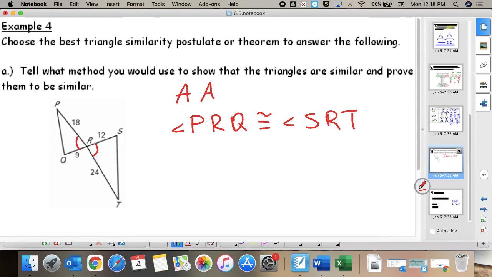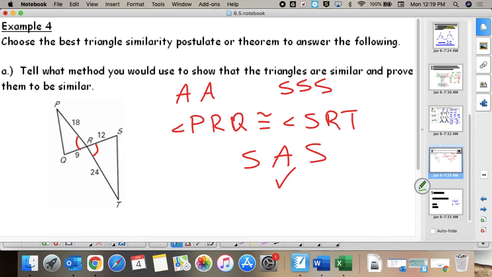For side, side, side, I need to know all three sets of sides, but we do not. So that leaves us with side angle side. We have the angle already. We have to look at our sides. And remember, we match big with big, small with small.